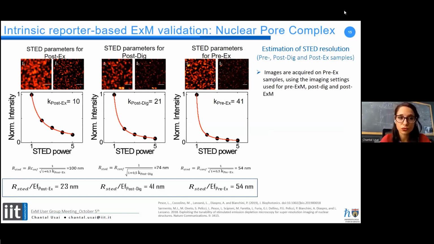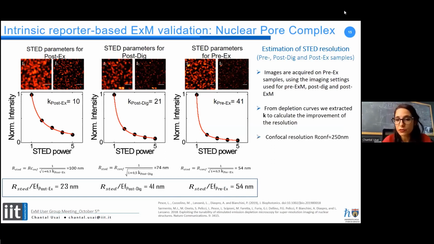In order to do this, we performed STED images on a non-expanded sample using the same imaging settings that were used for the 3 experiments: pre-expansion, post-digestion, and post-expansion. Then from the depletion curve, we were able to extract the K value in order to calculate the improvement in resolution, considering a confocal resolution of 250 nanometers.